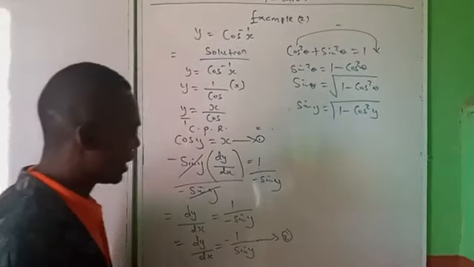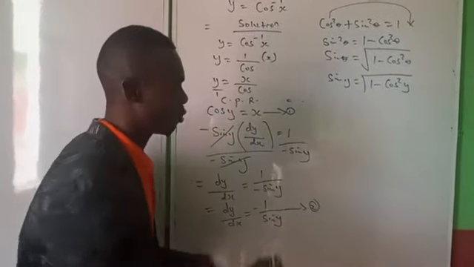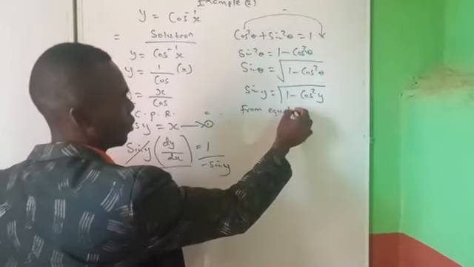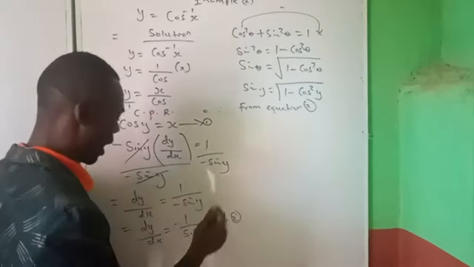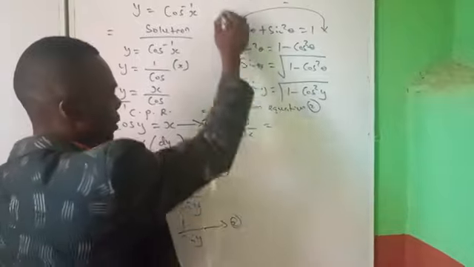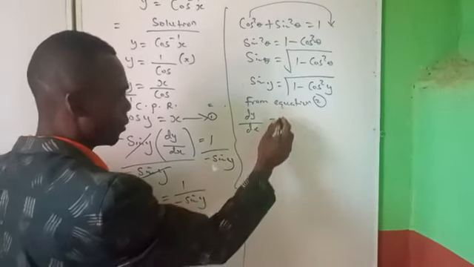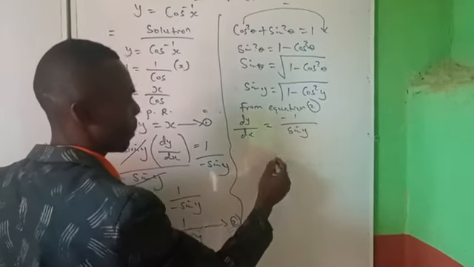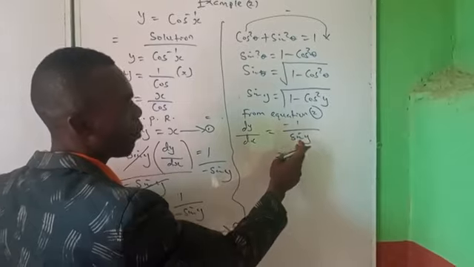Now, from equation 2, we have dy ds to be minus 1 all over sine y. And our sine y is given to be this.